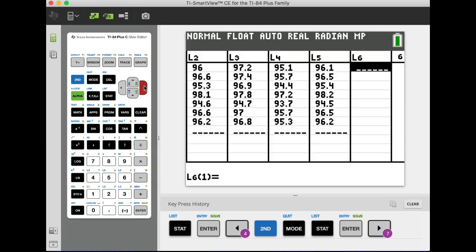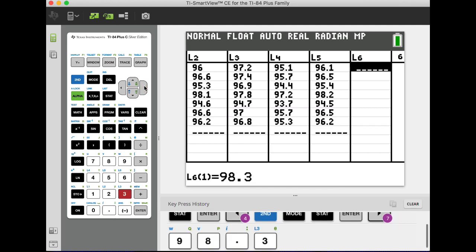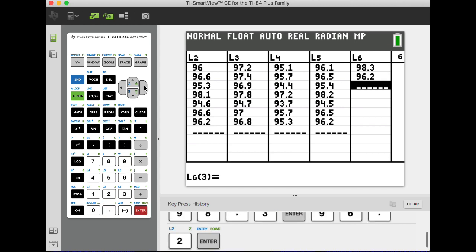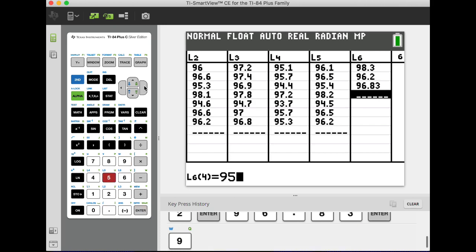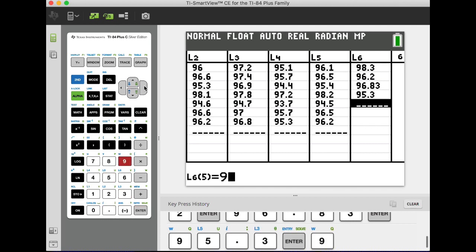In my calculator in list 6, I'm going to type in the 5 sample means that we had. So 98.3, and then 96.2, and then 96.83, 95.3, and then 96.2.